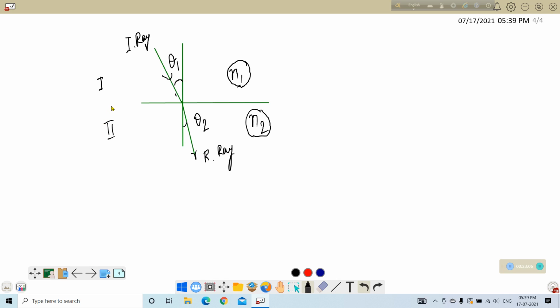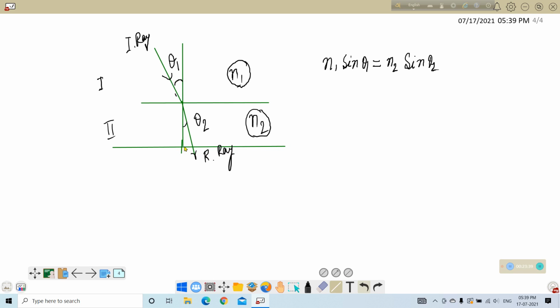Now, according to Snell's generalized rule, N1 sin theta 1 is equal to N2 sin theta 2. If there is another medium like this, so this is the second medium, and there is another medium like this, the third medium.